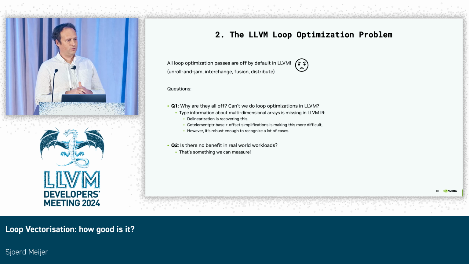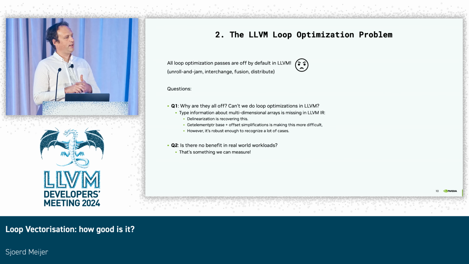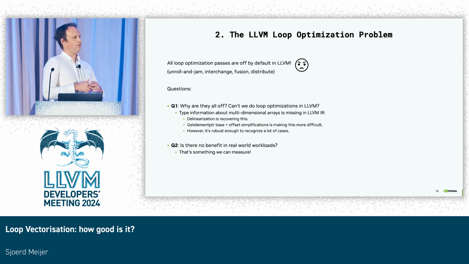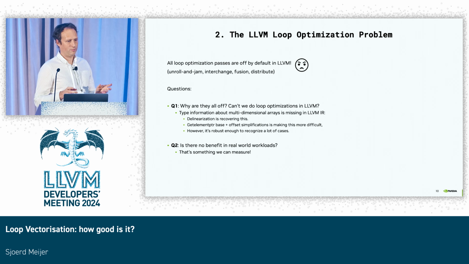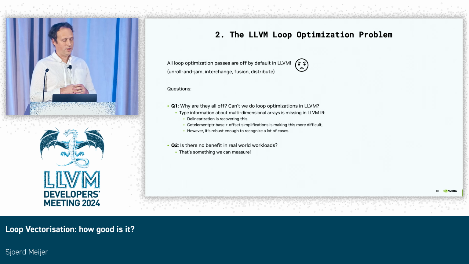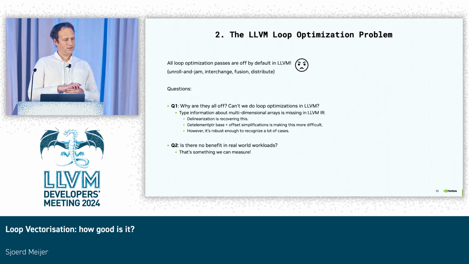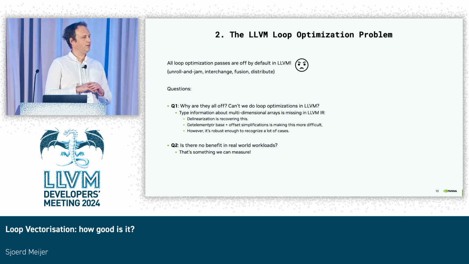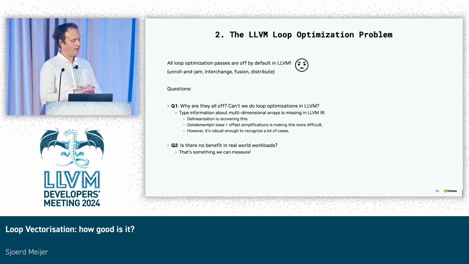for the legality of these loop transformations, we need to do data dependence analysis. And that means that we are interested in finding the access patterns to the arrays. So in case they are multi-dimensional arrays, we would like to recover these multi-dimensional array accesses. The problem is that most of this information is gone, it's flattened, so we need to recover this information, which is what the delinearization is doing.